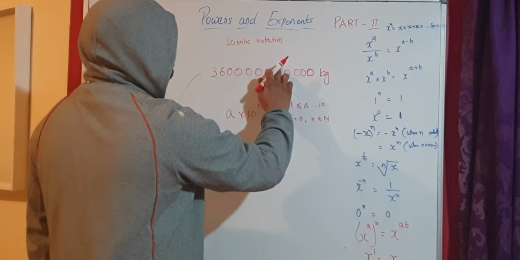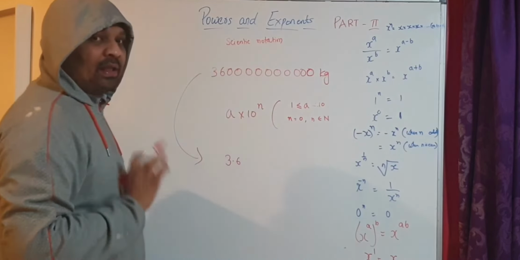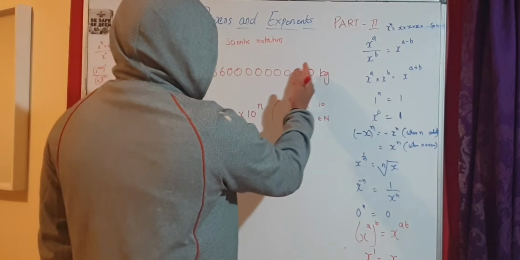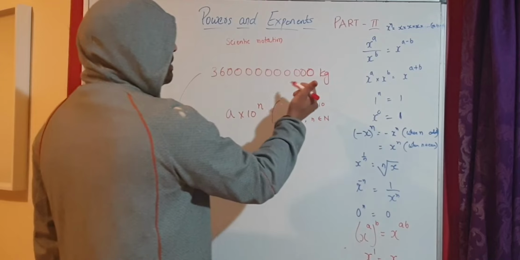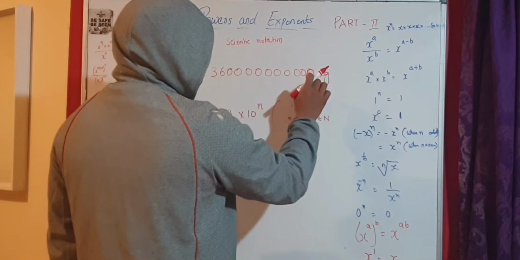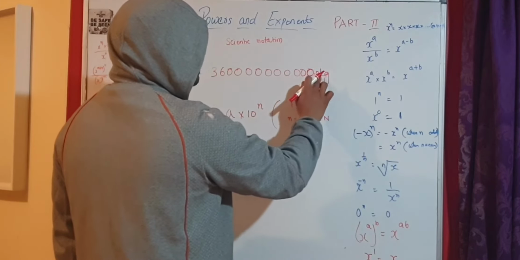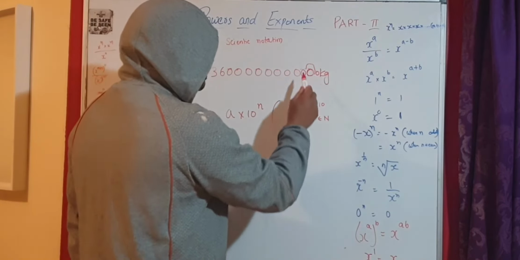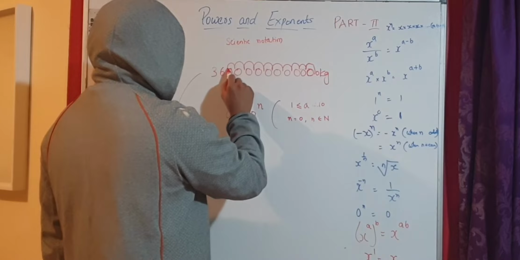So I kept the decimal point here and got 3.6. Now, how many places did you move your decimal point to the left? 1, 2, 3, 4, 5, 6, 7, 8, 9, 10, 11.